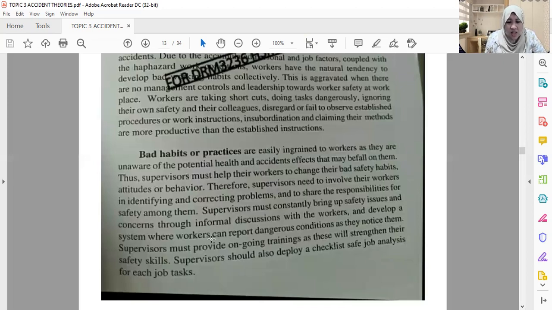And develop a system where the workers can report dangerous conditions as they notice them. If you feel that something is wrong with the machinery, you have to make some reports.